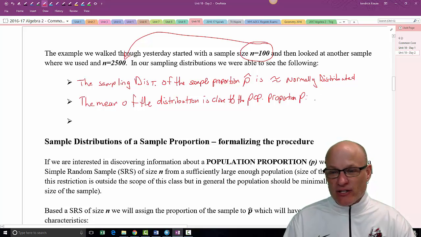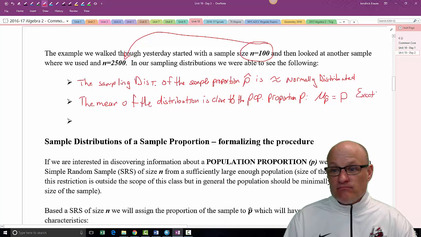And actually, in reality, the mean of all sample proportions is going to be equal to p, and it will be exact. So if you take all of the means of all the samples, it will be exactly equal to p.